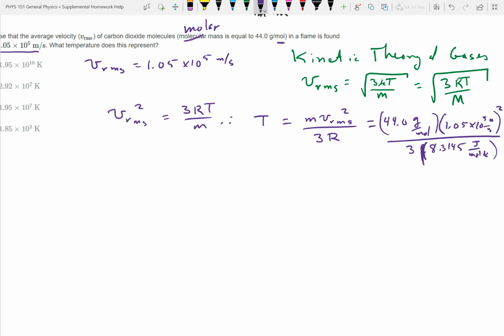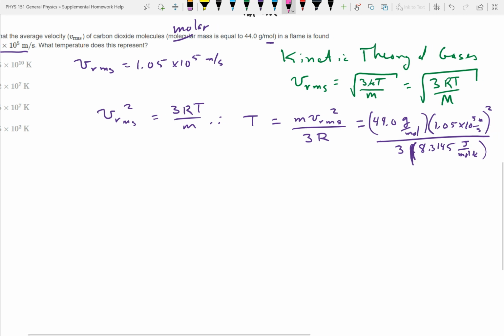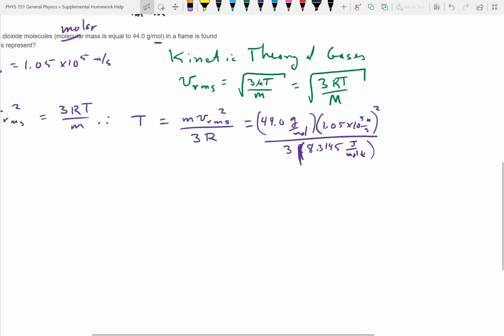Now, if I put these numbers in my calculator, I'm going to get the wrong answer. Why will I get the wrong answer? Which one is in the wrong units? The grams are the wrong unit.